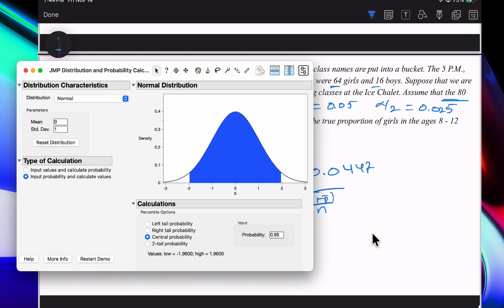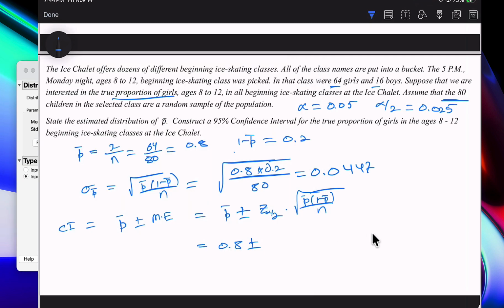So applying this in our problem, we get 0.8 plus or minus 1.96 times 0.0447. And this will give us a value of 0.7217 at the lower end and 0.87829 at the upper end.